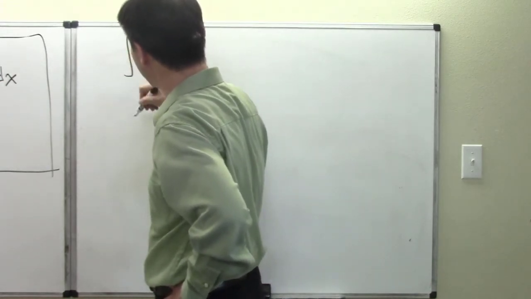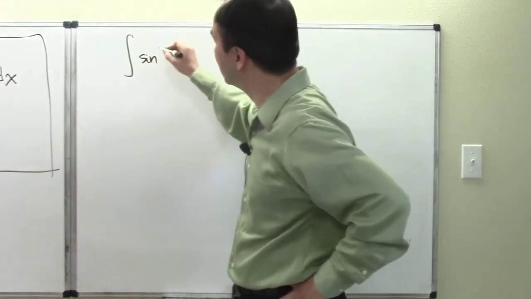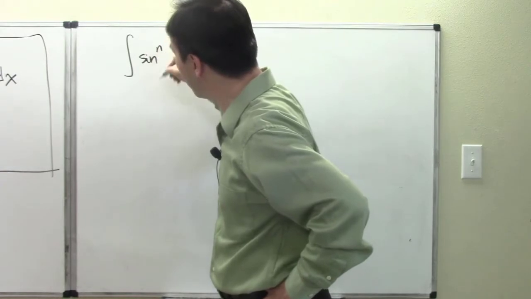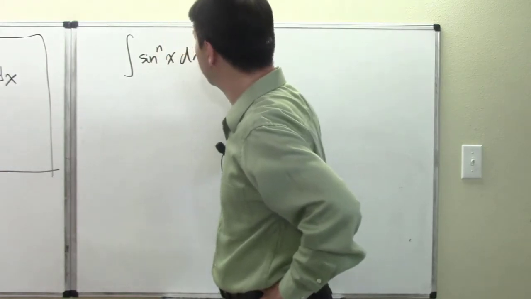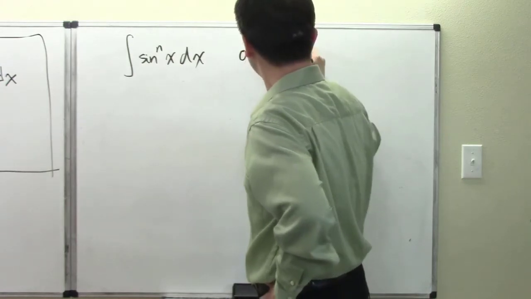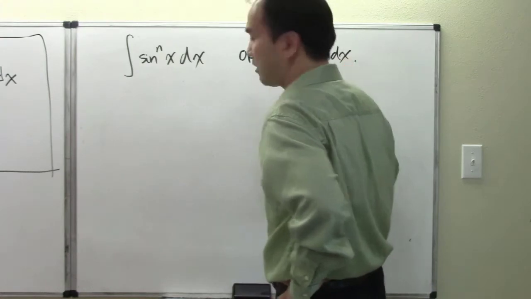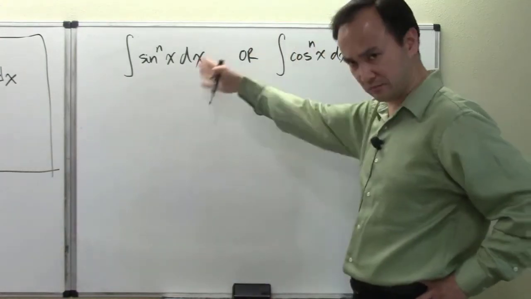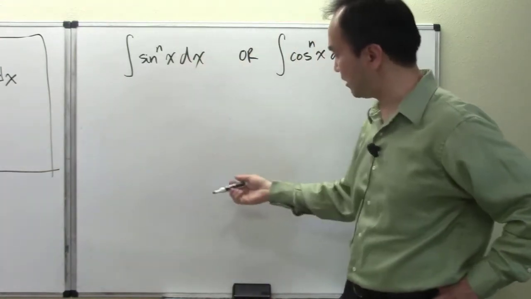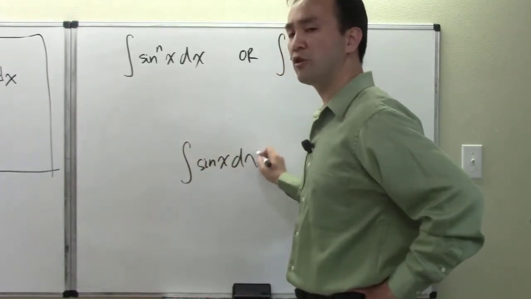Let's look particularly at the family where it's one single trig function: some power of sine of x, or a single power of cosine of x. Of course, this family also includes the simple one that we have learned, the integral of sine of x.